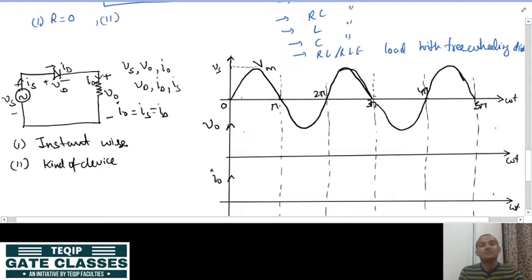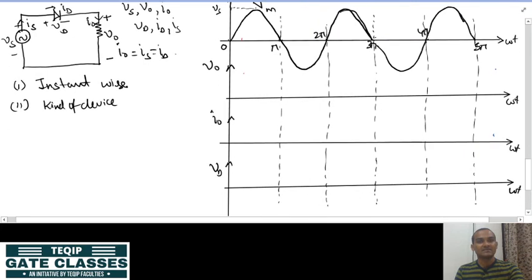Second, the devices have forward voltage drop as 0. Third, the devices have leakage current as 0, because devices are ideal. And fourth, the devices in reverse condition are able to block infinite voltage. Alright. These are the assumptions we are taking while studying these circuits.